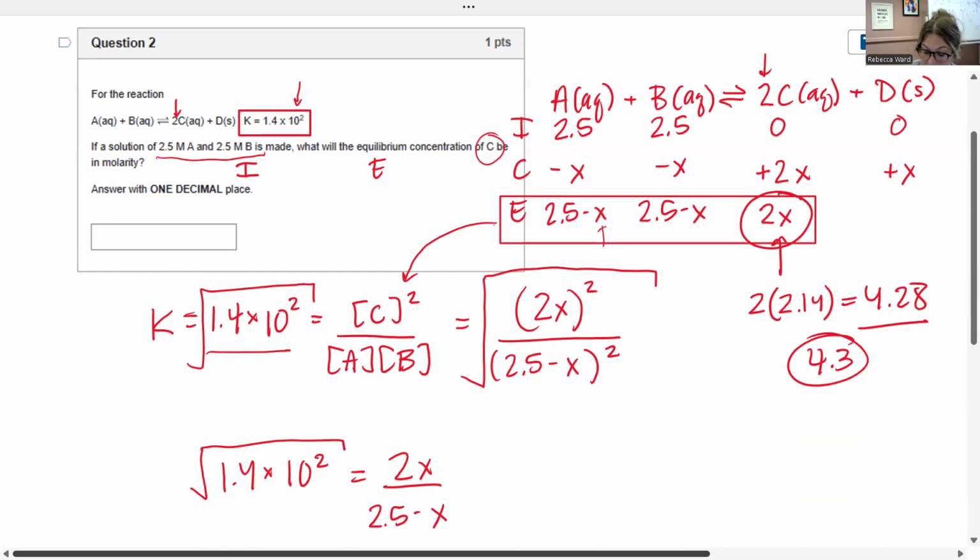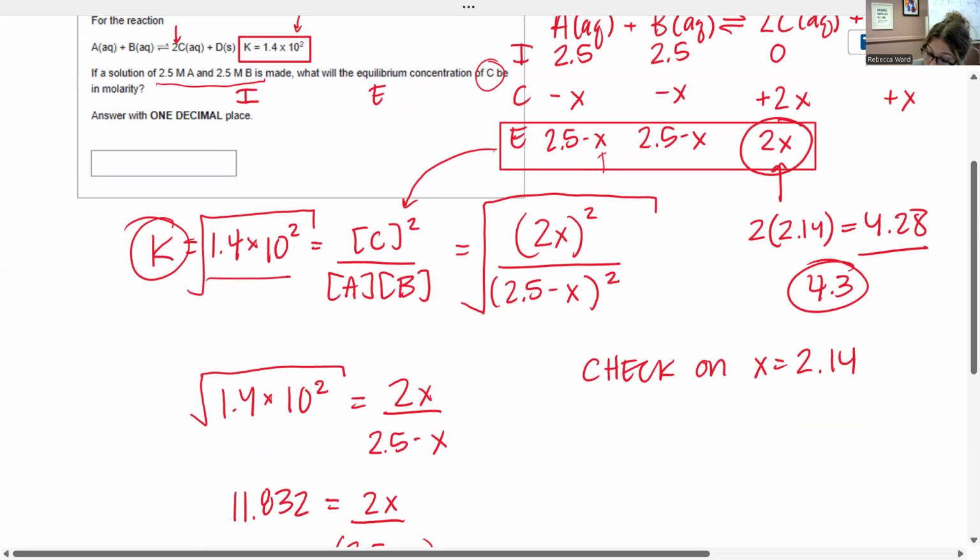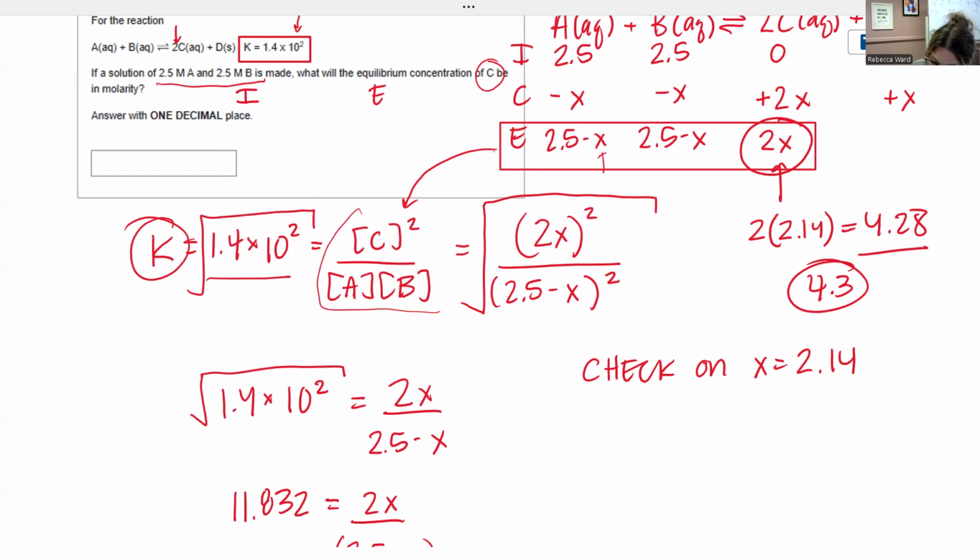But what I want to do is recalculate K using my new concentrations. Okay. So this is my check. Answer check on x equals 2.14. If that's true, I should be able to plug x into this equation.